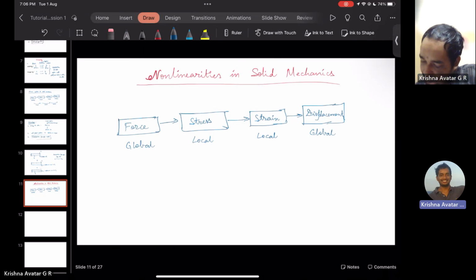When the strain and displacement are non-linearly related, then it is what we call geometric non-linearity.